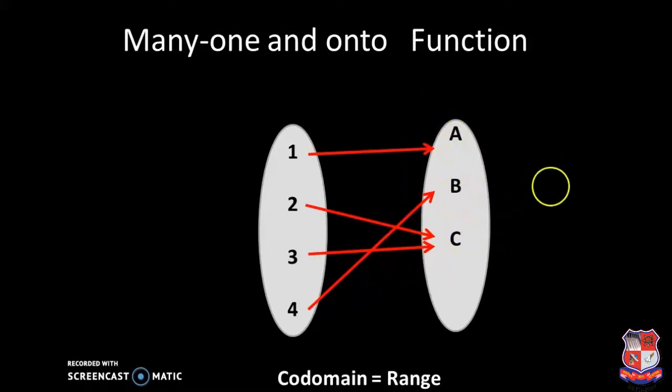Codomain also A, B and C. Okay, means codomain equal to a range, and these have a many into a one. So it's a many one function and onto function. Okay, got it, the concept.